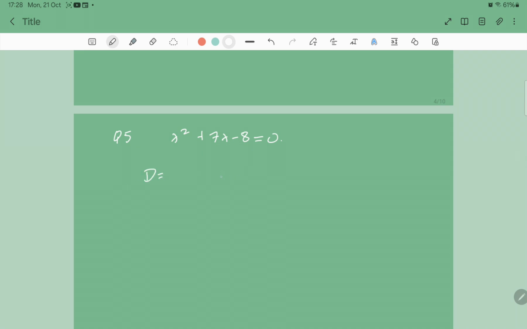Question number 5. Let's find the discriminant first. That's 81. x1 equals minus 7 plus the square root of 81, which is 9, divided by 2. That's 2 divided by 2 equals 1.